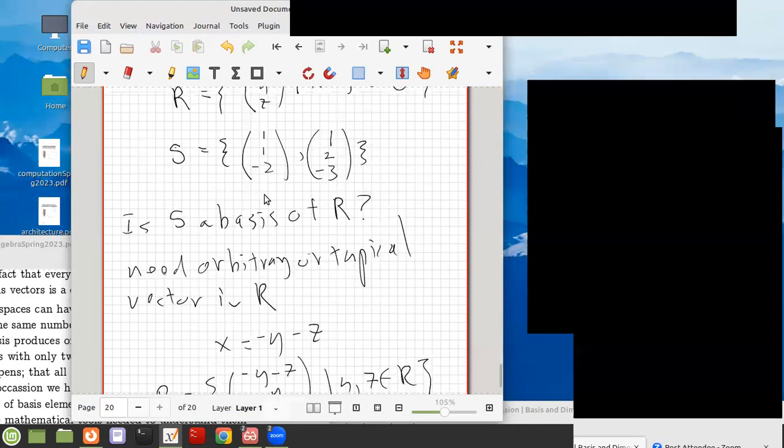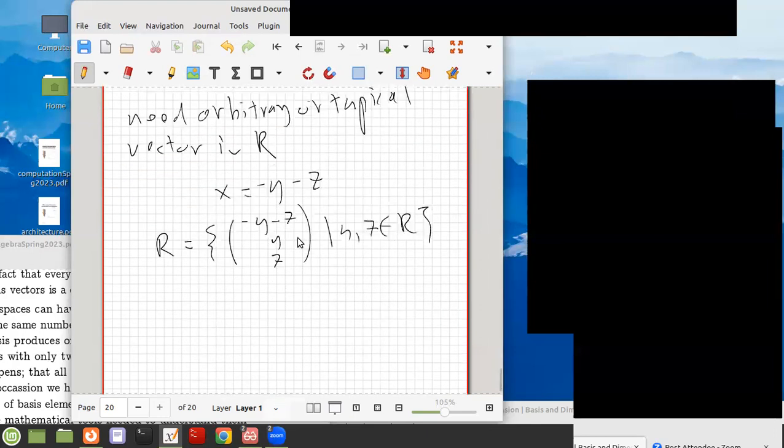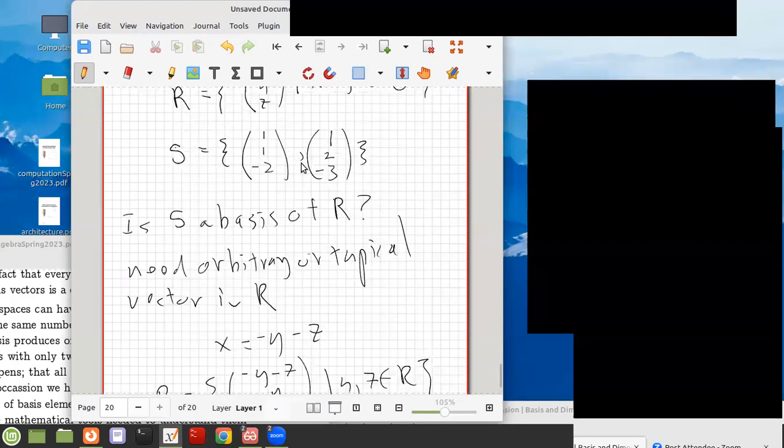So we've written this as a span, right? What that means is R is the set of all vectors that look like this, right? So we just take one of these and ask, can we write it in this basis?